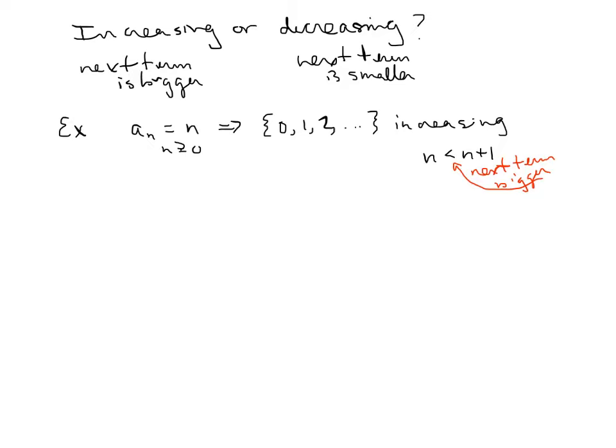Okay, so we're talking about increasing or decreasing, and here's a pretty easy sequence that increases. If we look at a sub n equals 1 over n, this is the one that we graphed before. Let's start this one at 1: 1, 1/2, 1/3, 1/4, etc. Each term is getting smaller, so this one's decreasing.